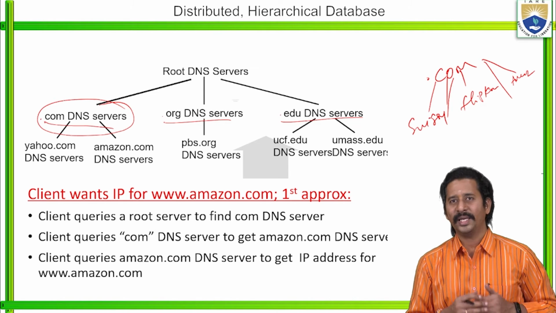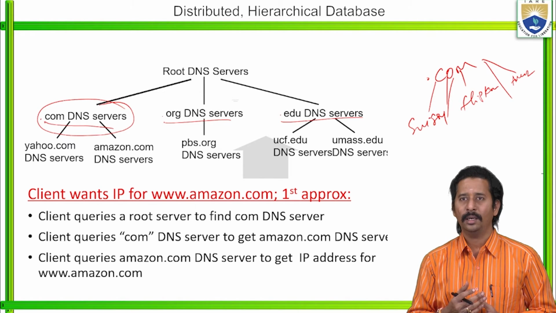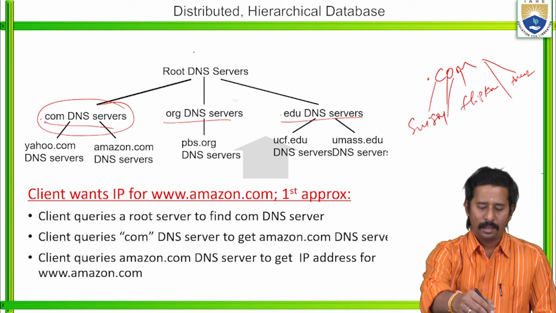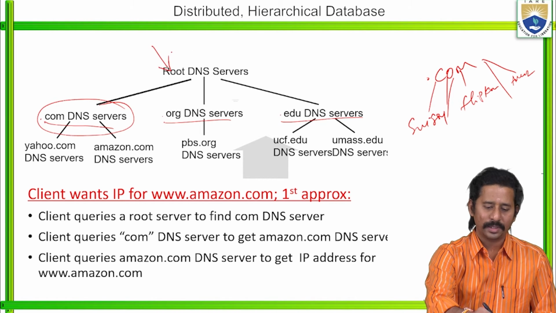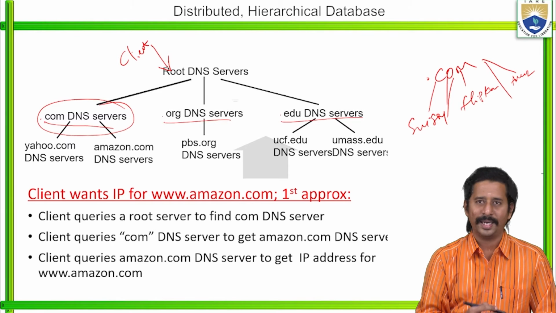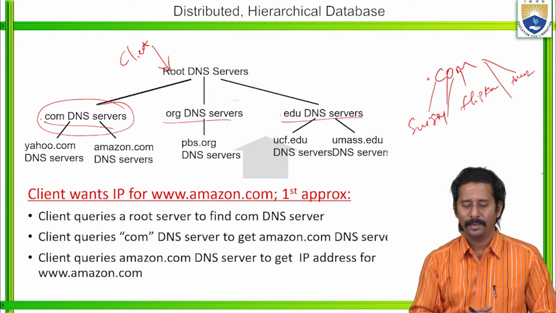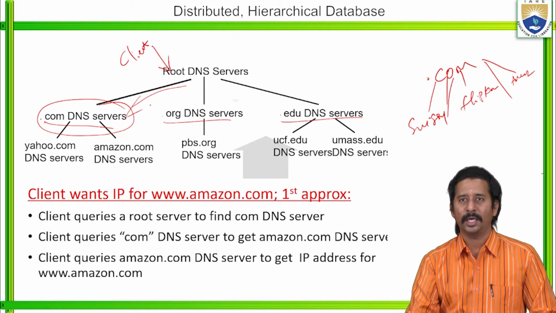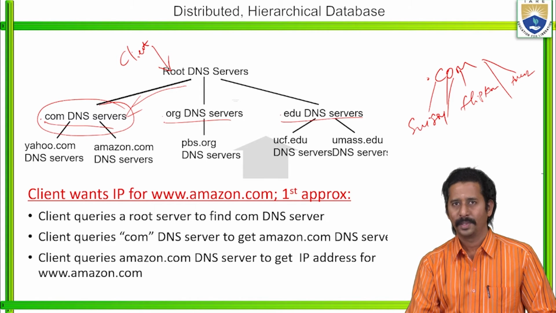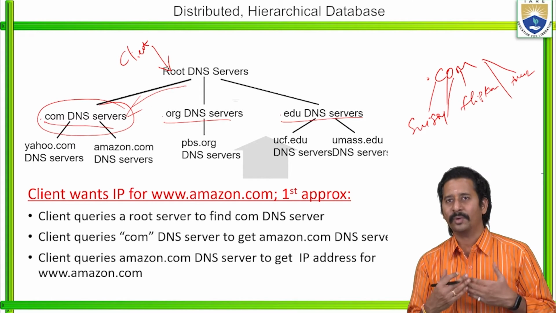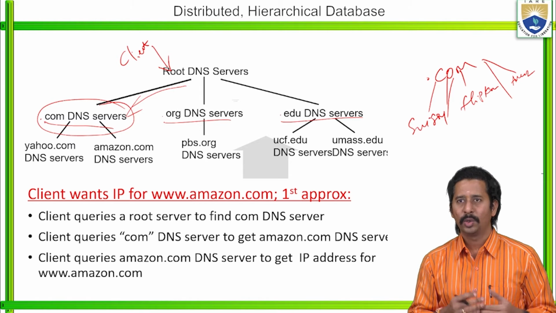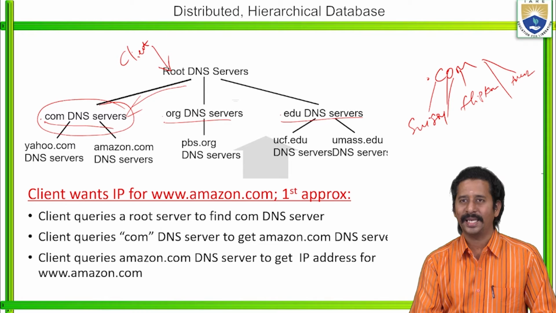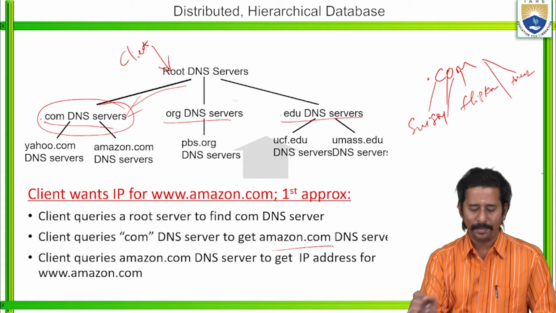Now, initially the client queries a root server to find the .com DNS server. So what happens whenever the root server receives a message from the client just to retrieve the .com server, then the root DNS server will look into this particular .com DNS server. Then the client queries the .com DNS server to get the required site, the Amazon.com DNS server.